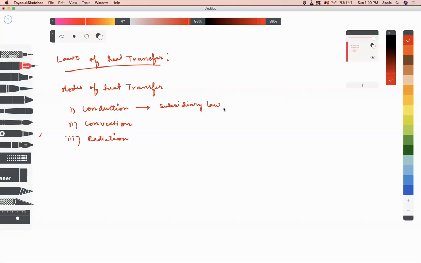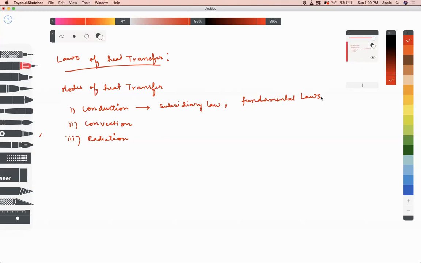Now what exactly are subsidiary laws and what exactly are fundamental laws? Fundamental laws are the laws which go into any kind of application or any kind of thermodynamic analysis.